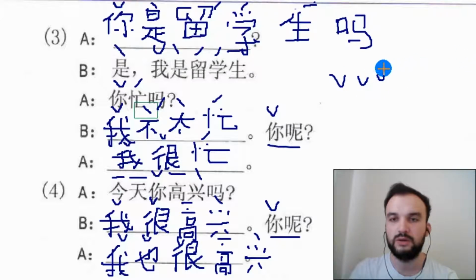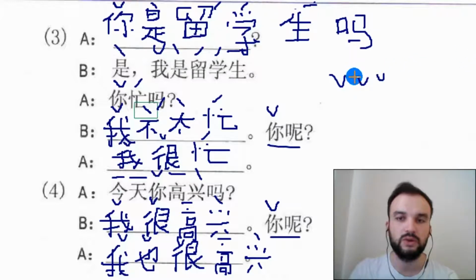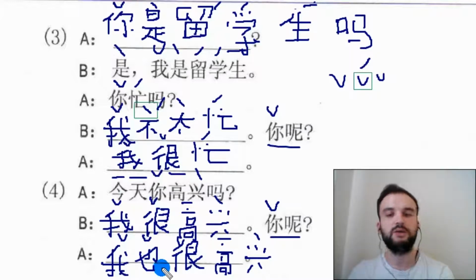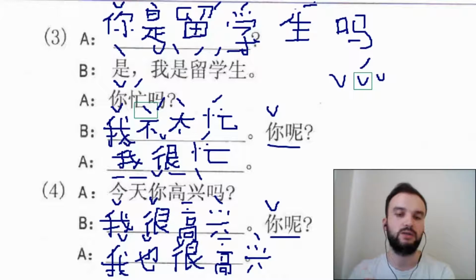So what was our rule? If we have three third tones, the middle third tone becomes the second tone. So we should read the sentence like 我也很高兴. I am very glad too. I am also very glad.